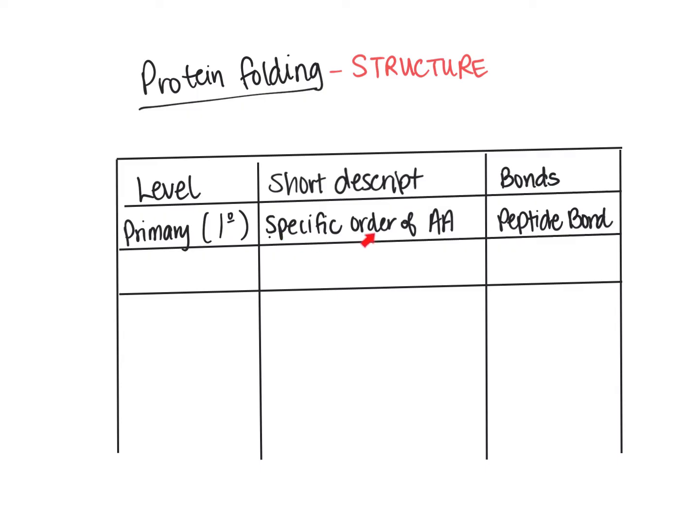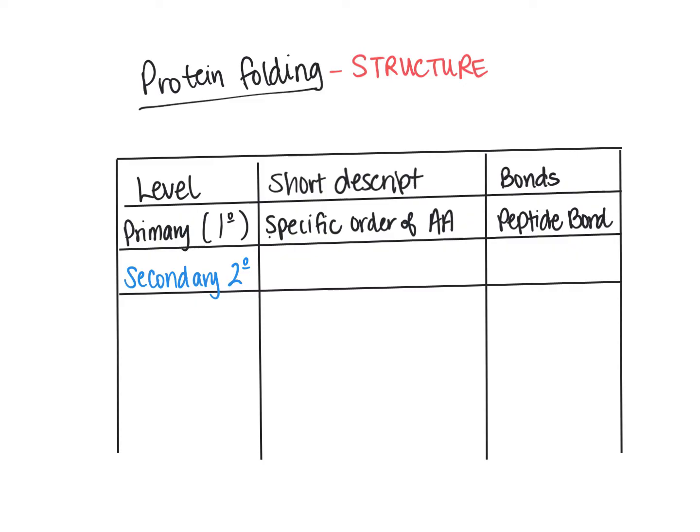Well, translation is this primary level of protein folding that is held together by peptide bonds. So this is what you did in 9th grade when you did translation. But the protein continues to have additional structure, including the next level, which is called secondary level structure.